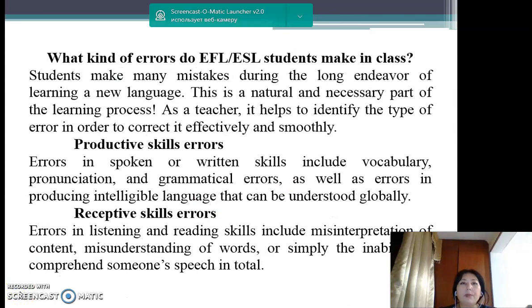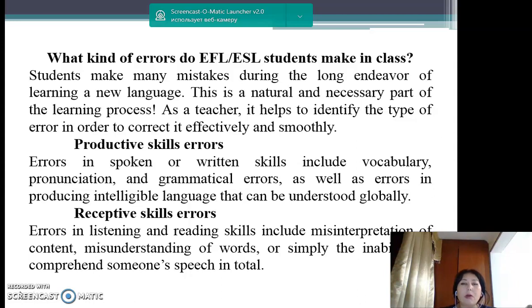What kind of errors do English as a foreign language and English as a second language students make in class? Students make many mistakes during the long endeavor of learning a new language. This is a natural and necessary part of the learning process. As a teacher, it helps you to identify the type of error in order to correct it effectively and smoothly. Productive skills errors.